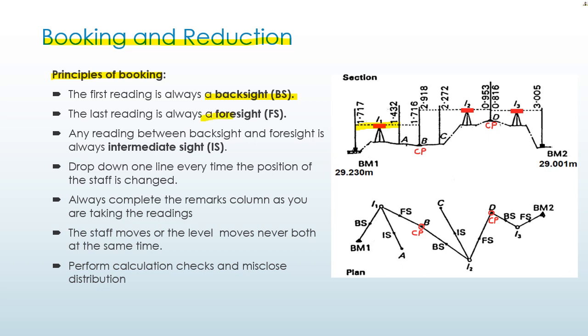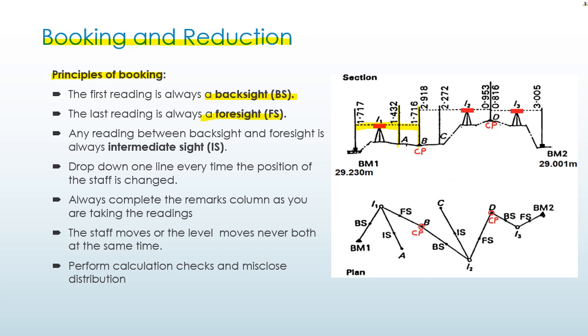A foresight is the last reading for that setup. We then rotate the telescope and take the reading at point A, and then you take another reading at point B.